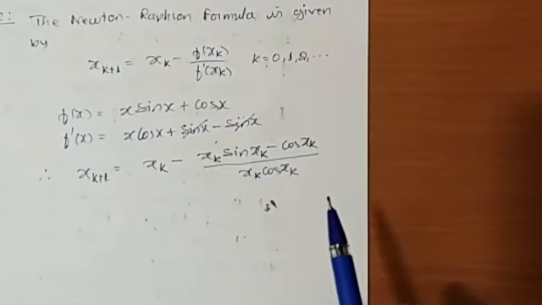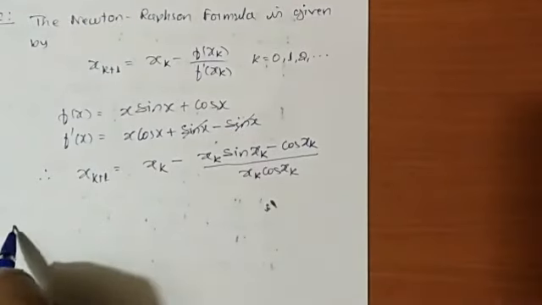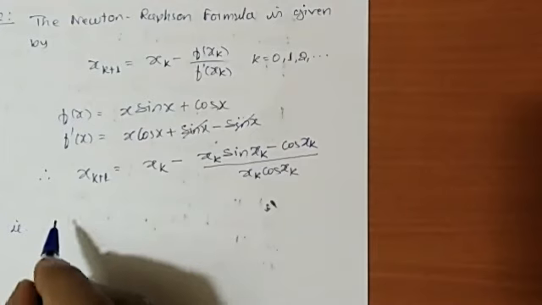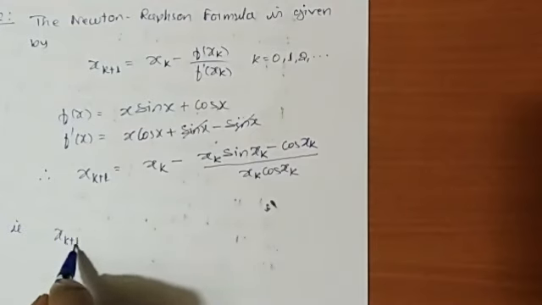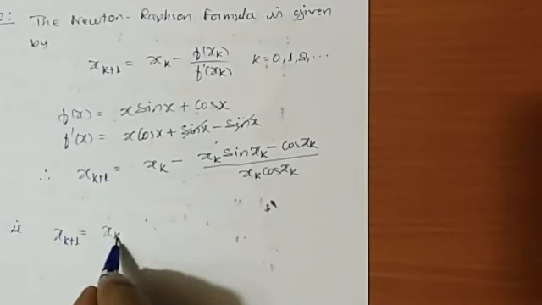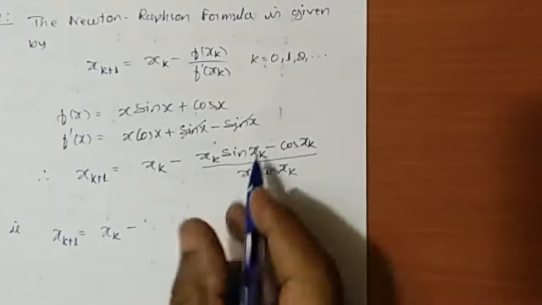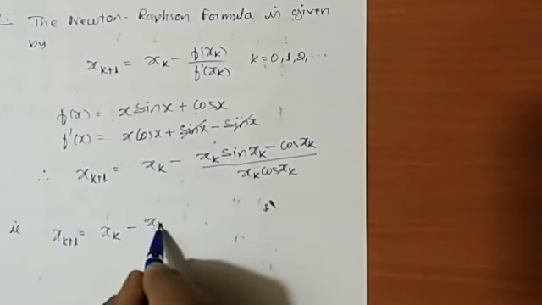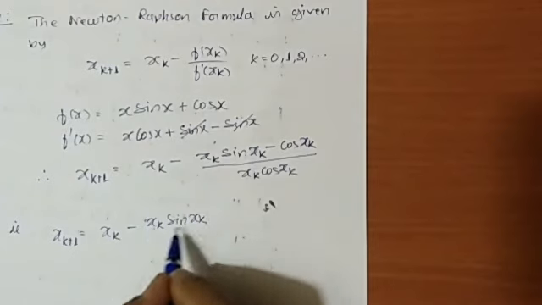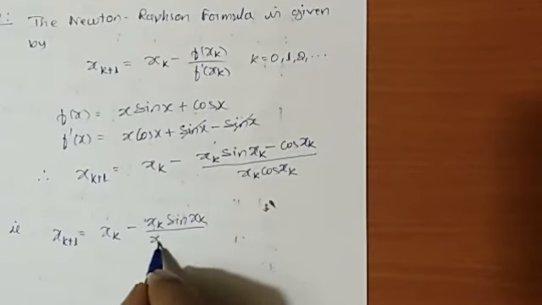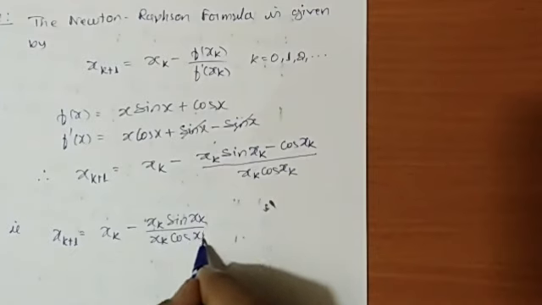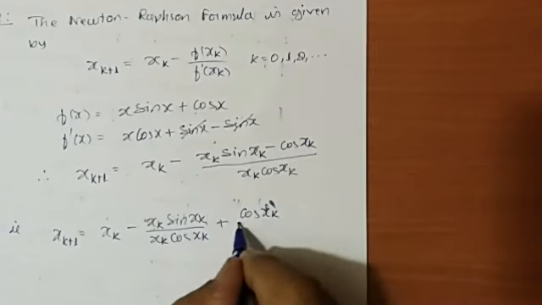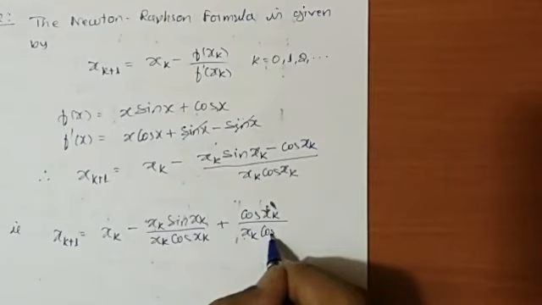I can write x_{k+1} is equal to x_k minus, taking individual terms, x_k sin x_k over x_k cos x_k, then plus cos x_k over x_k cos x_k.